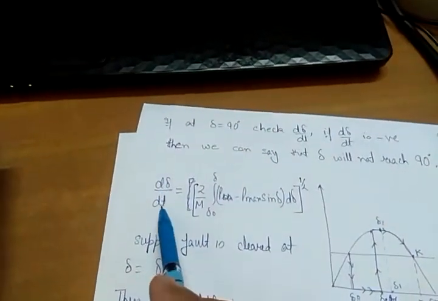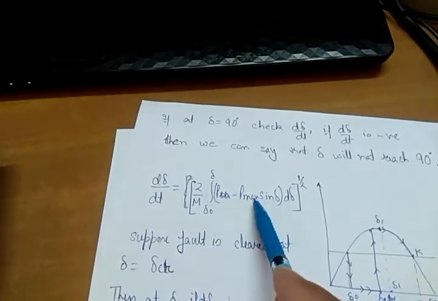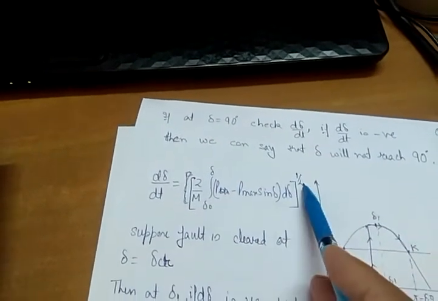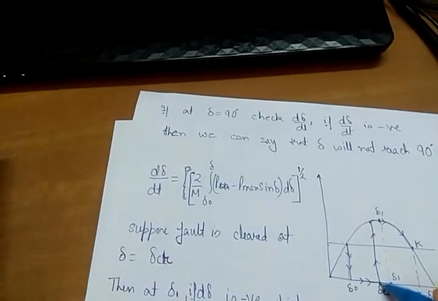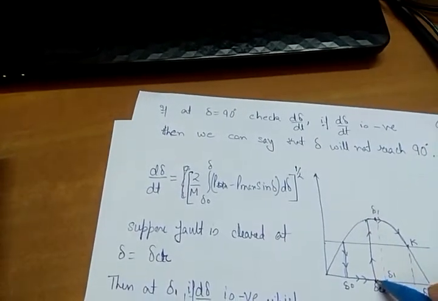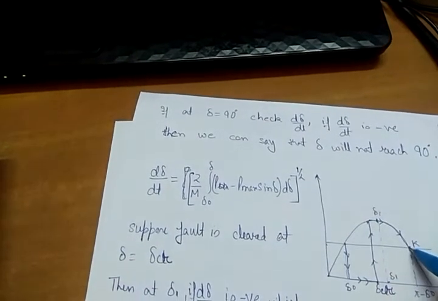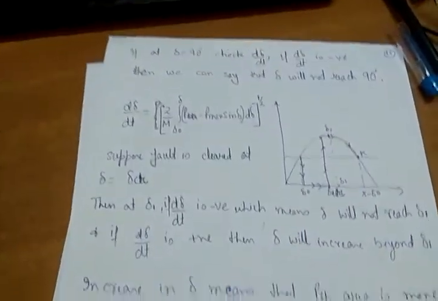So d delta upon dt is nothing but 2 by m integral from delta naught to delta of (P shaft minus P max sine delta) d delta, all to the power 1 by 2, because it was a square, I am taking it to this side. Suppose I am saying the fault is cleared now at this value delta cr. Delta cr means when the fault is cleared, the rotor will swing up to this point where pi minus delta naught, so that the reserve area becomes equal to 0.